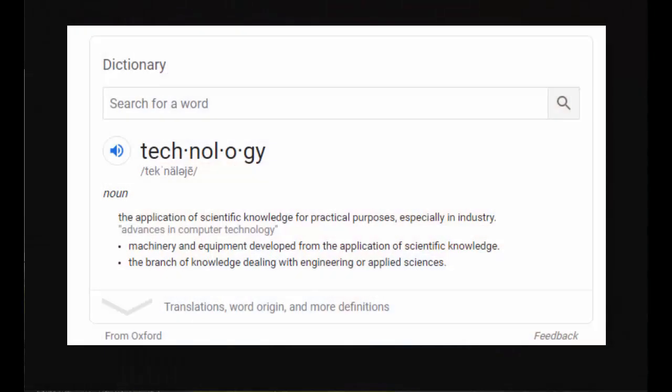So the first place we're going to start is the definition of technology. This is just from a search on Google. It happens to be from Oxford. The application of scientific knowledge for practical purposes, especially in industry. Any of these definitions is going to have some area where I don't completely agree.